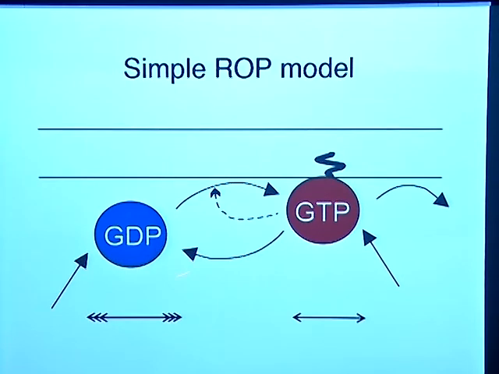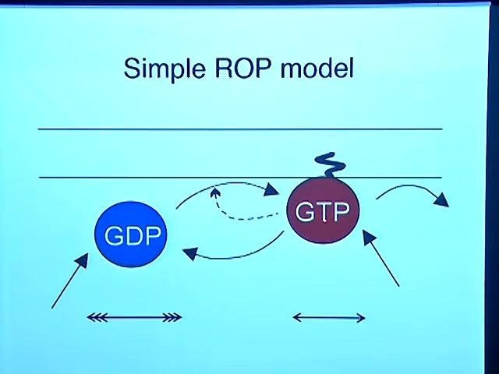I'm not going to show equations because it's late in the afternoon and I hope that it will speed us along. But we simply summarized this diagram in partial differential equations. And this is based on existing knowledge of ROPs. So ROP and its relatives, certainly its relatives in other species, the small GTPases, if they're active, they can recruit inactive ROP that's nearby. And there is an auto-activation effect.